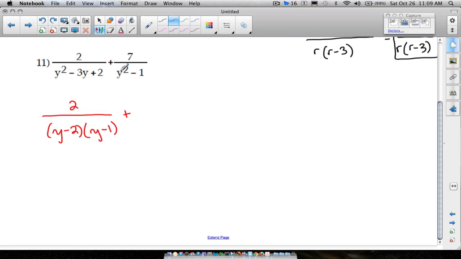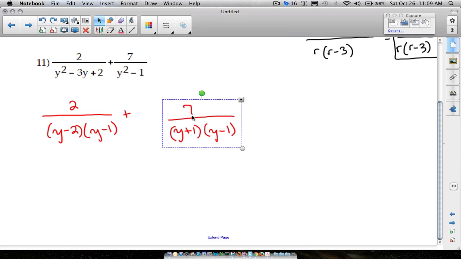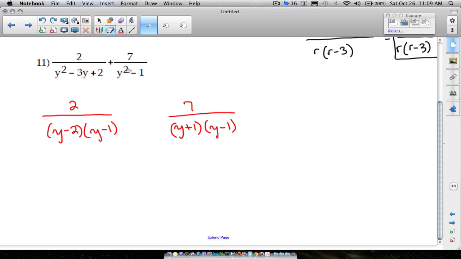This one here, this denominator, that's a difference of squares, so we can rewrite that as y plus 1 and y minus 1. Now maybe I should have left a little bit more room in my first fraction because we're going to have to tack on some stuff. Alright, so comparing these two denominators, they have to match up.